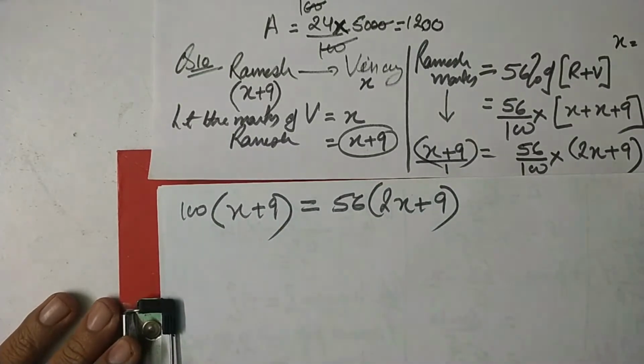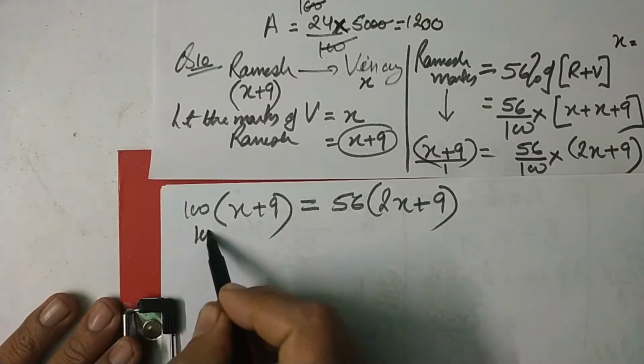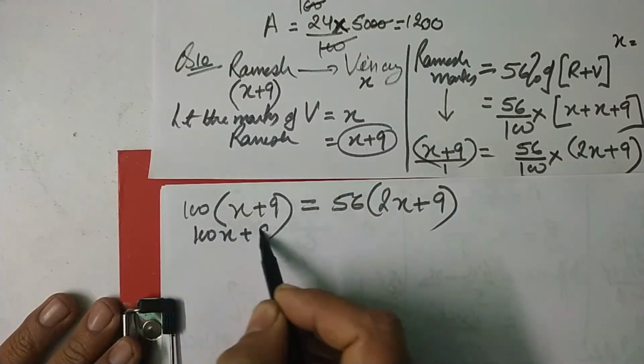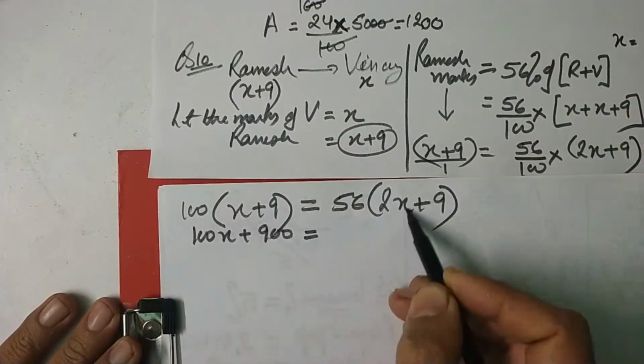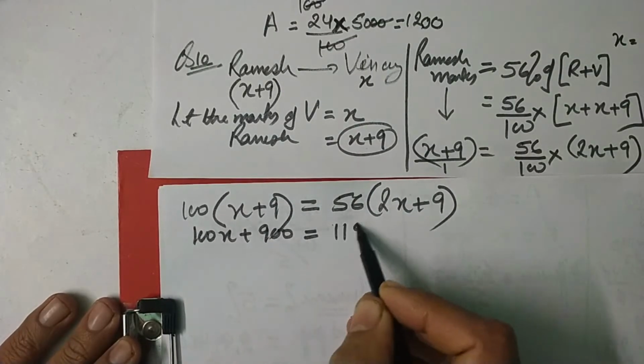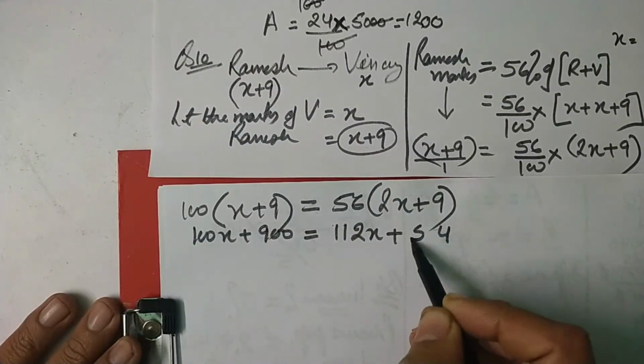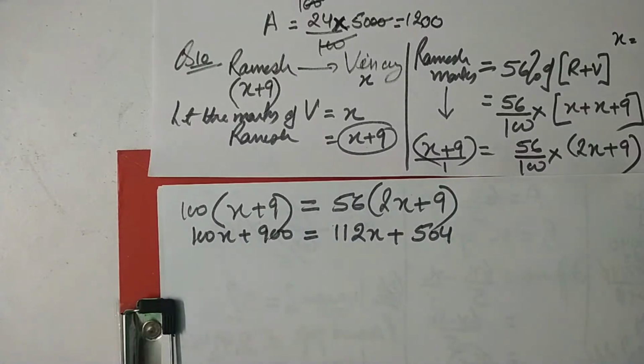This is your equation. When you will solve, x will come. 100x plus 900 is equal to 2 into 6 12, 112x plus 504.